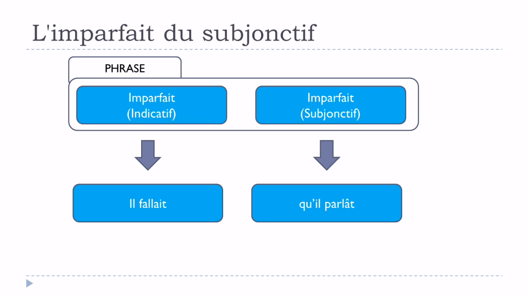Il fallait qu'il parlât. Okay, so you can see that in this first part here, you've got il fallait, so it's imparfait de l'indicatif, and then normally you should put in this subordonnée qu'il parlât, and in that case you've got l'imparfait du subjonctif. Okay?